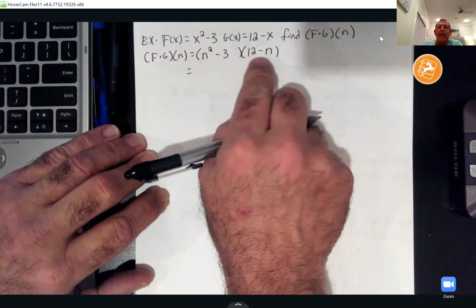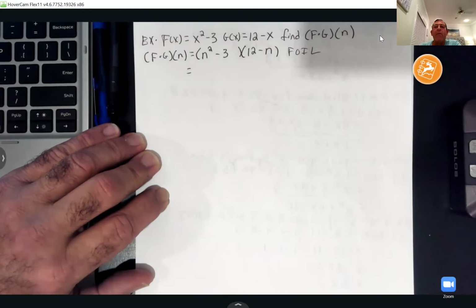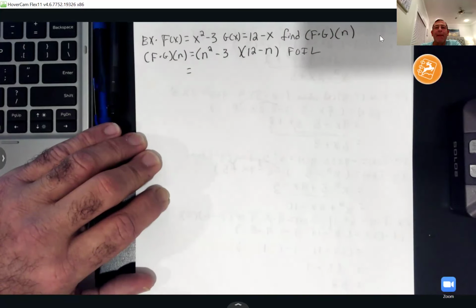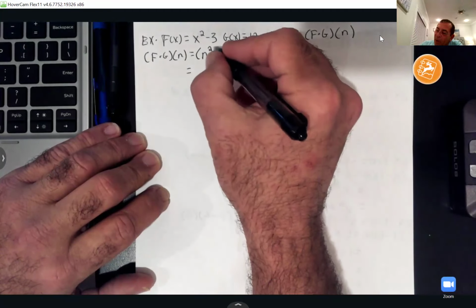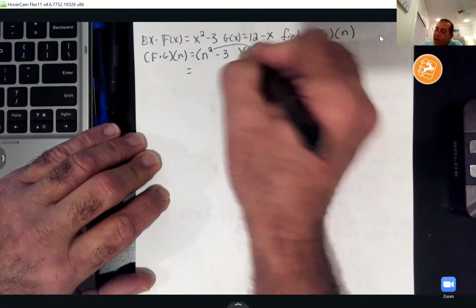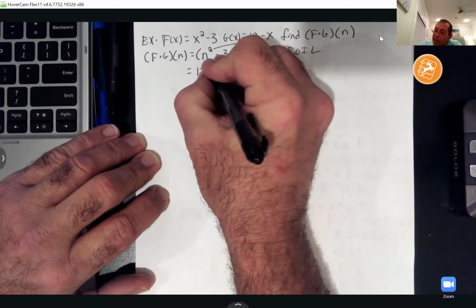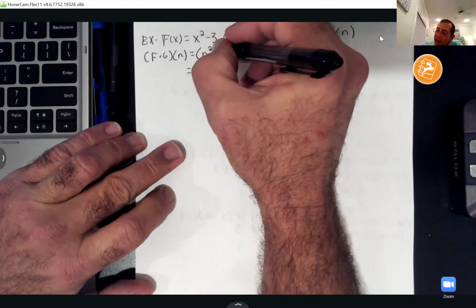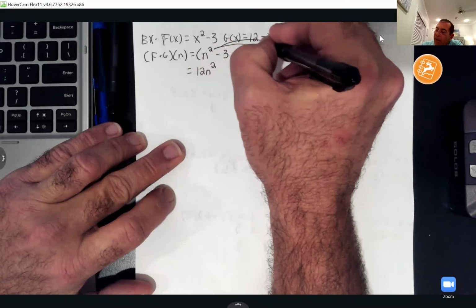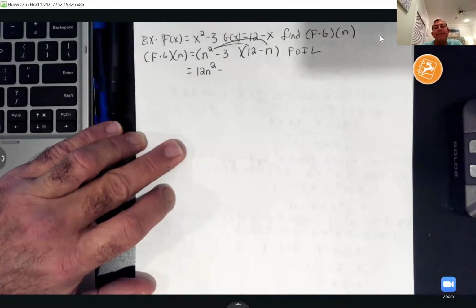All right, 2 things times 2 things. So we get FOIL again. I'm going to start with my n squared and multiply that n squared times 12. So I'm going to get a 12n squared. How about this? An n squared times a negative n. That's a negative something.